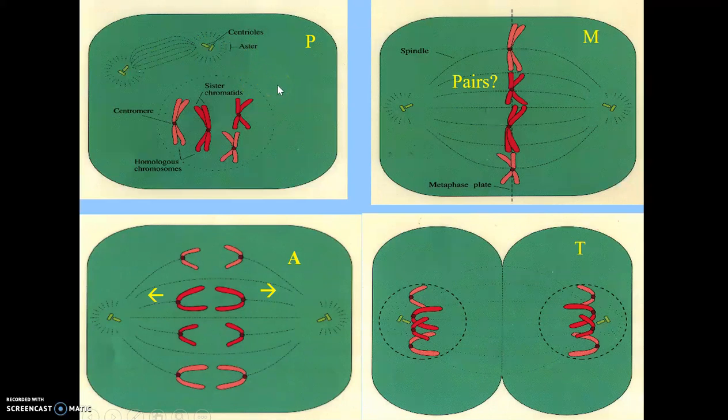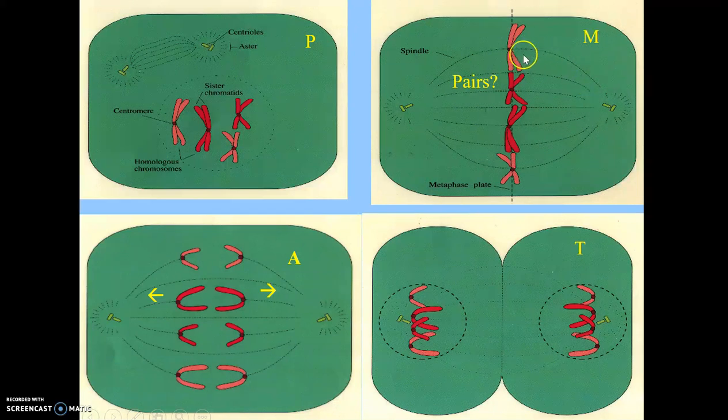So all that happens in prophase. Chromosomes become visible, the nuclear envelope or nuclear membrane dissolves, and our spindle fibers start to form. During metaphase, some of those spindle fibers reach out and actually attach to that kinetochore protein in the centromere region of our chromosomes.